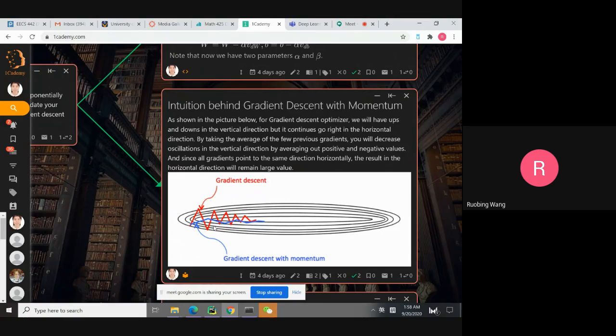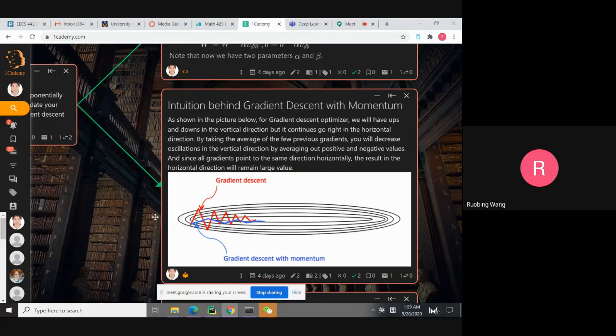Gradient descent with momentum can help average out the positive and negative oscillation in the vertical direction. But since all gradients point in the same direction horizontally, the result in the horizontal direction will remain a large value as well.